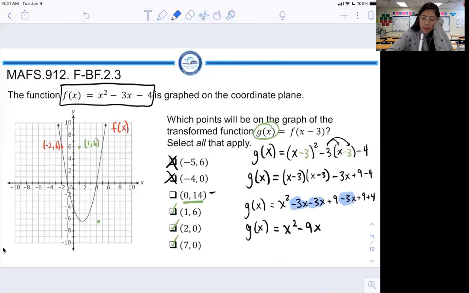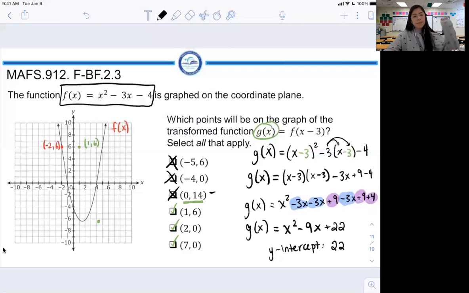And then I have 9 plus 9 plus 4. 9 plus 9 is 18, and 18 plus 4 is 22. So what is the y-intercept? The y-intercept is 22. Therefore, that was wrong.